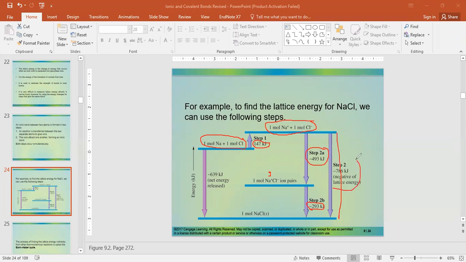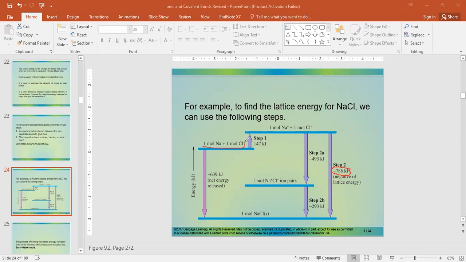That is what is illustrated in step 3. That means that when you take 493 and 293, what you get is 786.